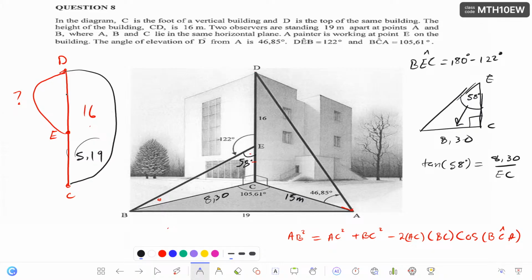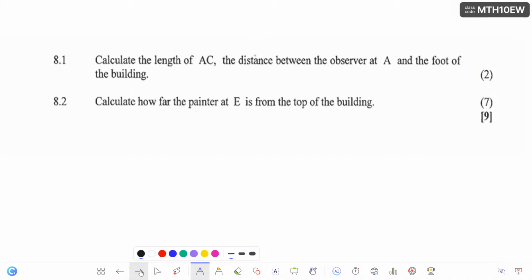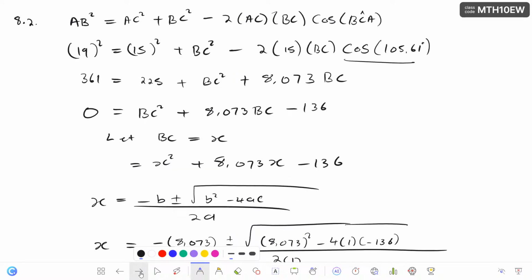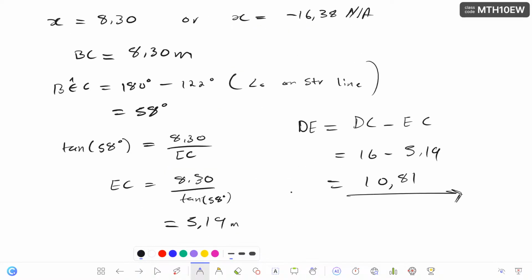In order to find this one, we just simply say 16 minus 5.19. Then that's where we'll get our 10.81 meter. So you're going to get full marks for that, 7 marks. So we are done with this question.